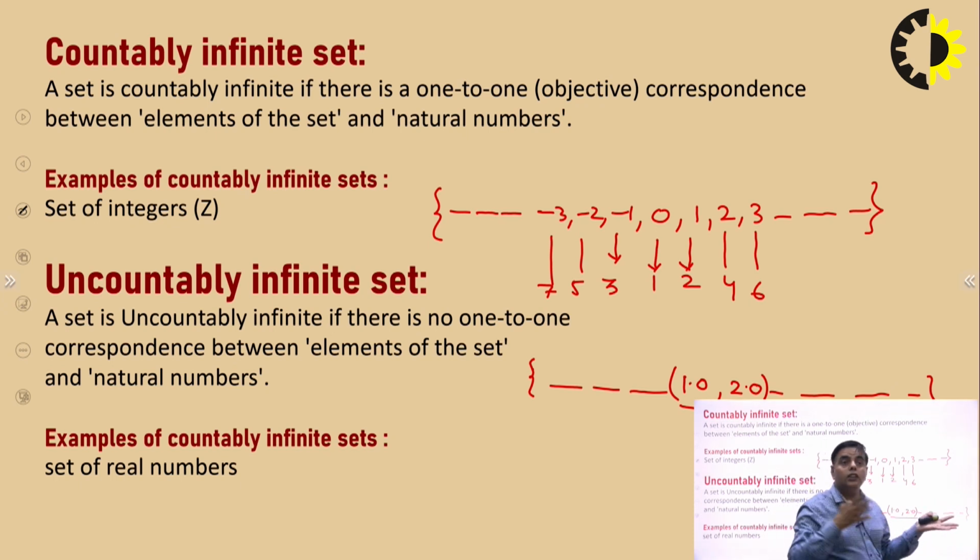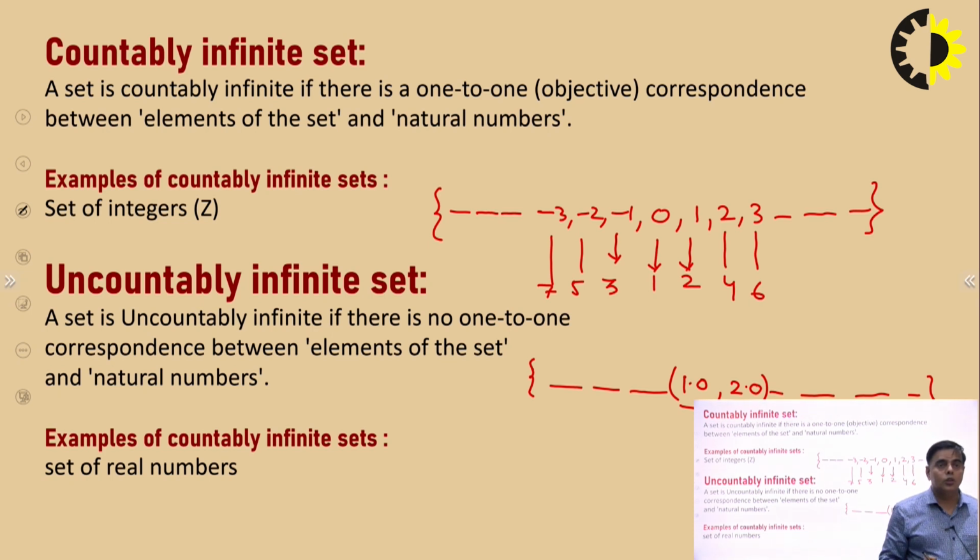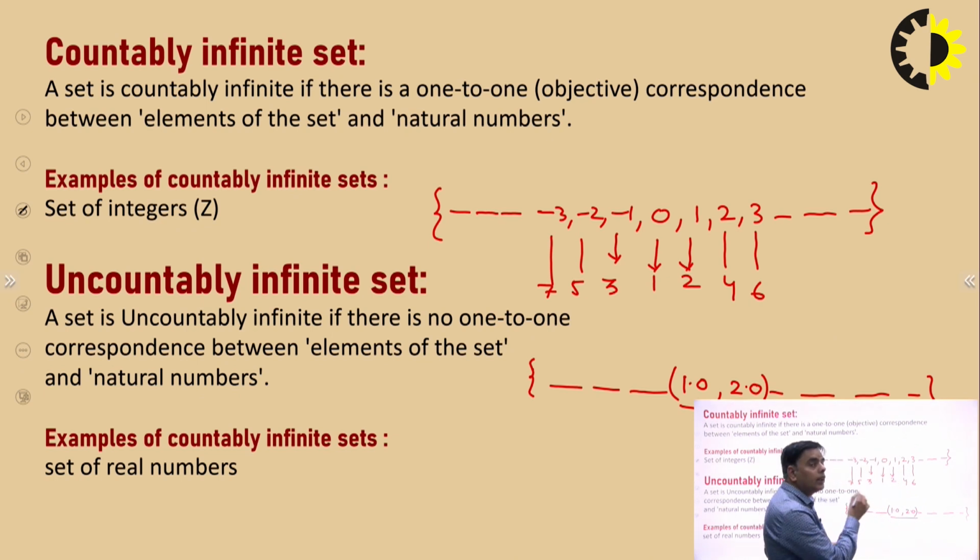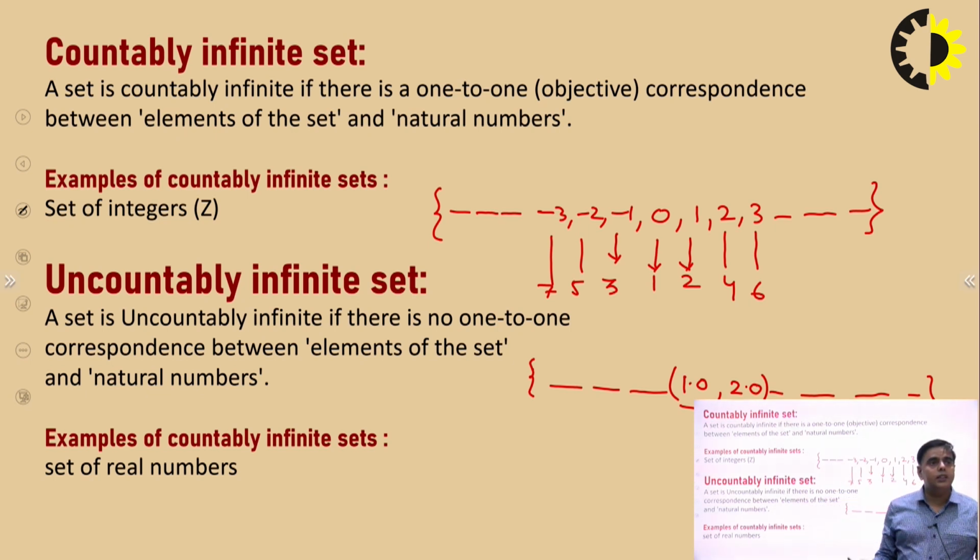There exists a large number of real numbers. So it is not possible to map all these real numbers with natural numbers, because you are consuming all the natural numbers between two numbers. Getting my point? So it is not possible in such a case. That means the set of real numbers is an infinite uncountable set.